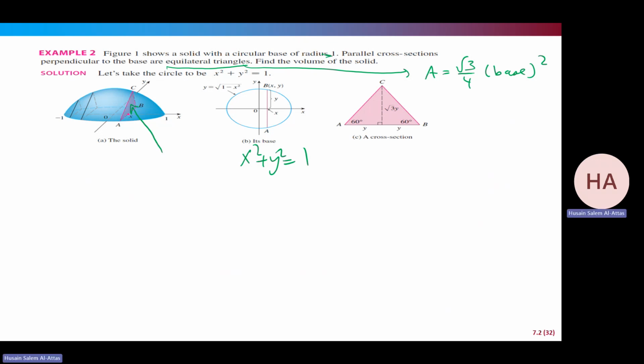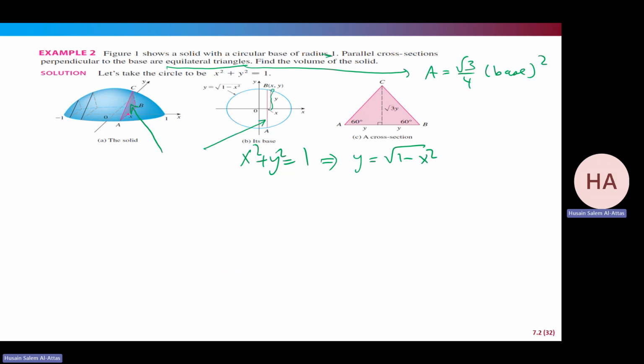Okay. So what will be y? Since it's perpendicular to the x-axis, I will deal in x. So y will be the square root of 1 minus x squared. Be careful here. This is y. But my base, this red one, is 2y.